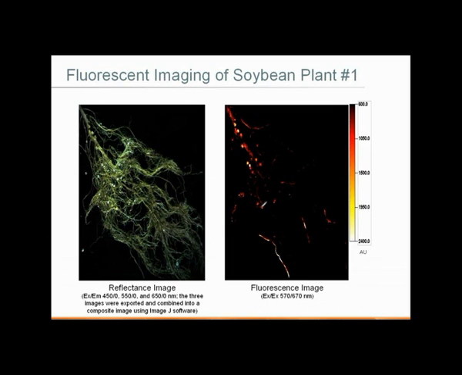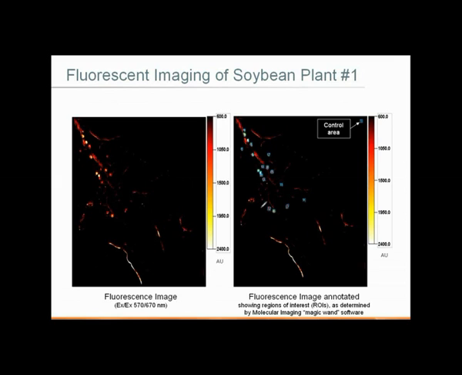However, when you go to the near-infrared fluorescence, the areas that are affected become much more obvious. In this case, they didn't want to do an automatic counting, but rather they wanted to use the magic wand feature to highlight these nodules and then collect structural information about the nodules after that.